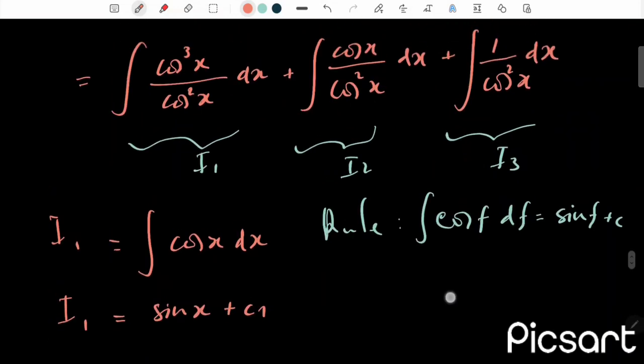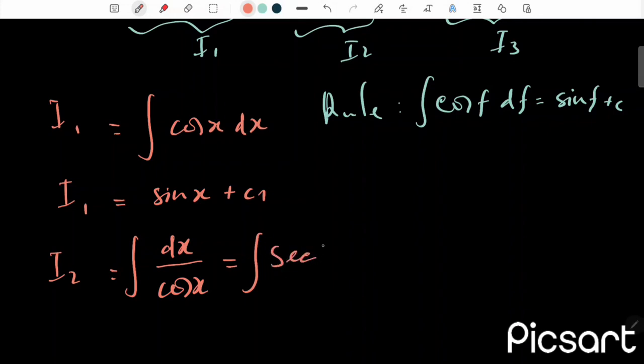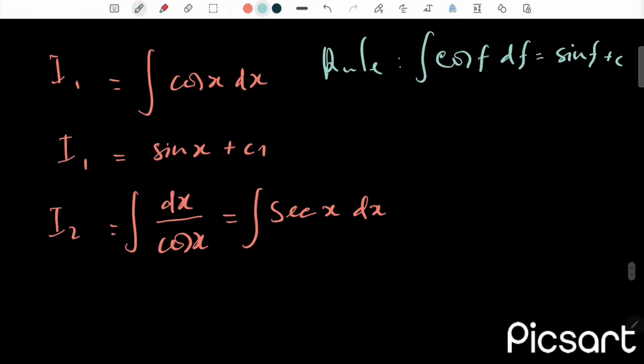I2 is equal to 1 over cos, that is d of x over cos of x, which is actually sec of x d of x.